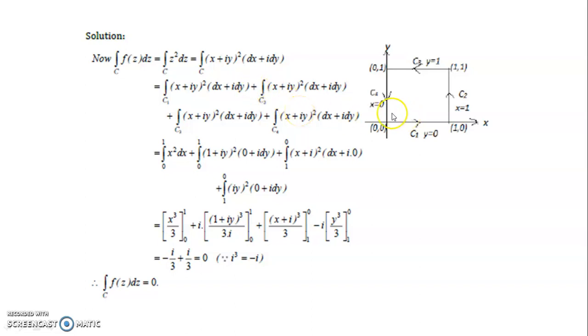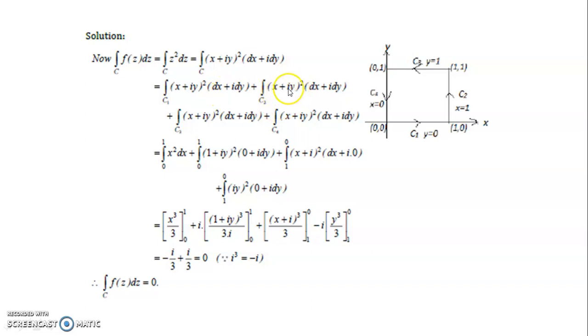Since we have a line integral, we can make use of it over the segments, so that we have C1 plus C2 and C3, all these integrals. We start with C1, which is on the x-axis, so x goes from 0 to 1. y is 0 here because it is on the x-axis, so we have dx, and dy is also 0 in the second integral.